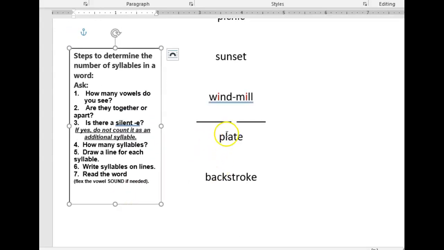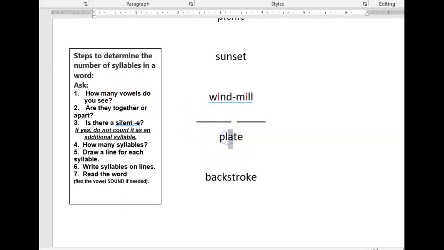Let's take a look at a word with silent E. So this first question is, how many vowels do we see? And we have an A and an E, so we have two. Our next question is, are they together or apart? And they are apart. And the next question is, is there a silent E? And yes, there is. We have this vowel consonant E syllable, and this E is silent in this word.